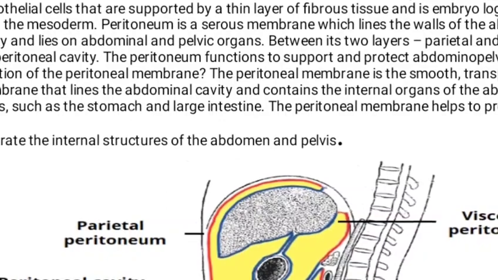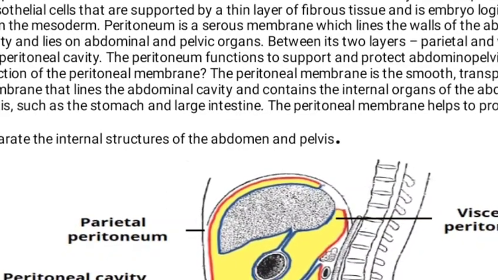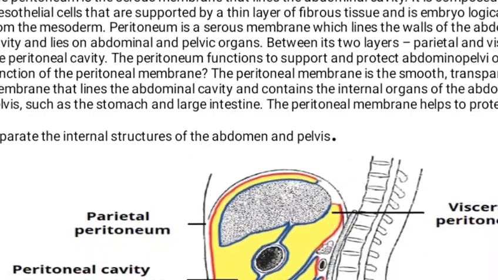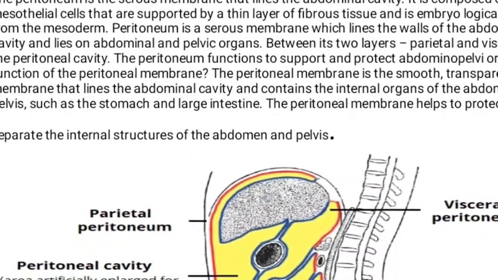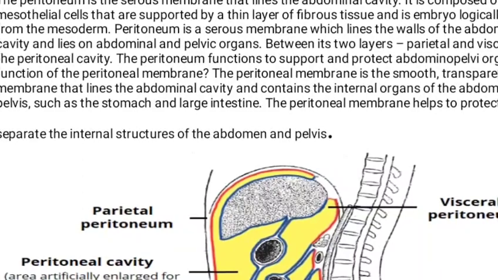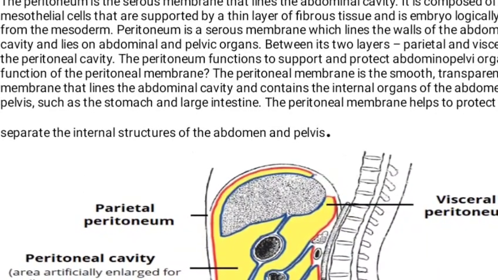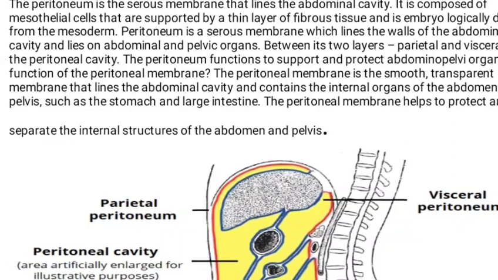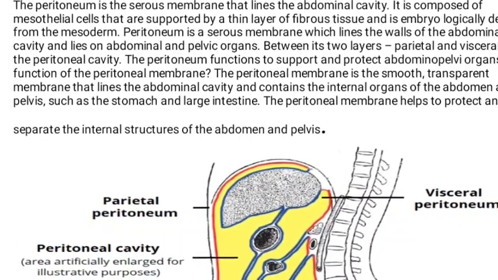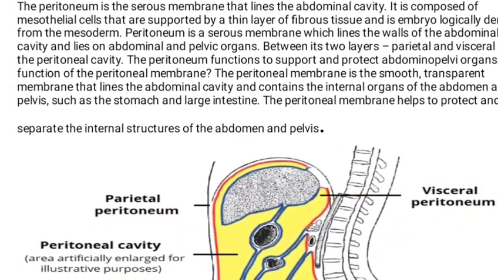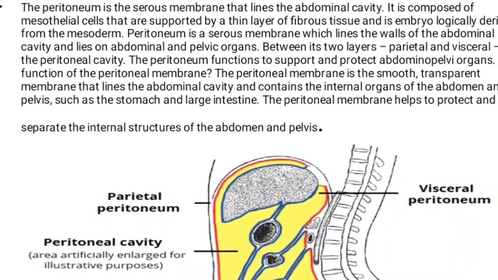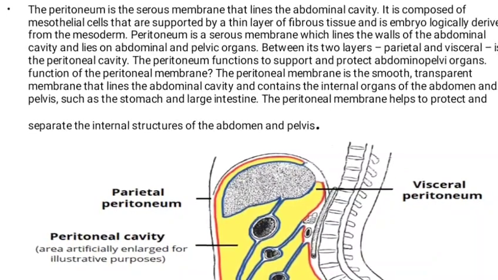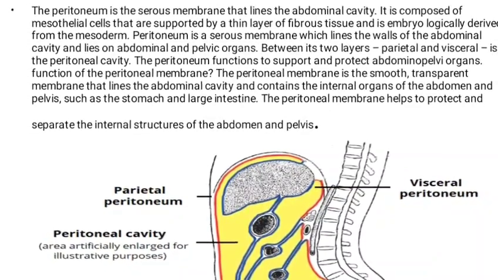Question number 11. Peritoneum. The peritoneum is the serous membrane that lines the abdominal cavity. It is composed of mesothelial cells that are supported by a thin layer of fibrous tissue and is embryologically derived from the mesoderm.